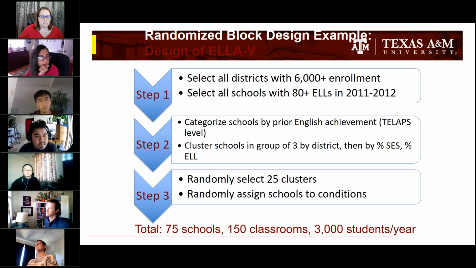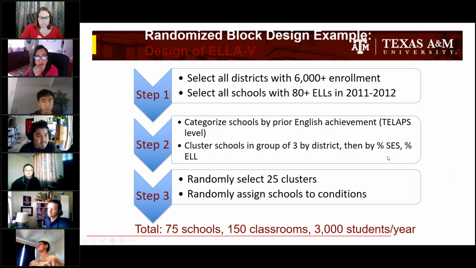So we already knew the numbers we had to have for randomization and to have the power, and then we randomly assigned to the condition. Johns Hopkins actually did the randomization: A was treatment 1, B was treatment 2, and C was control. They did a random assignment with Sunny Day Elementary and Happy Day and so on.